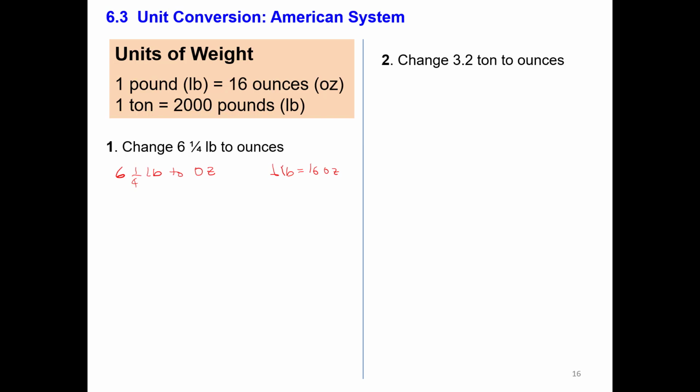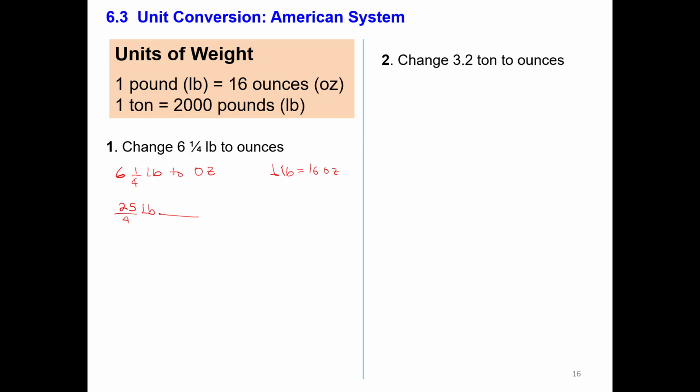Now we need to use this conversion factor, but the first thing we want to do is convert this mixed number into a fraction. Then 6 times 4 is 24 plus 1 is 25, over 4 pounds. And now we need to decide how we will write the conversion factor.